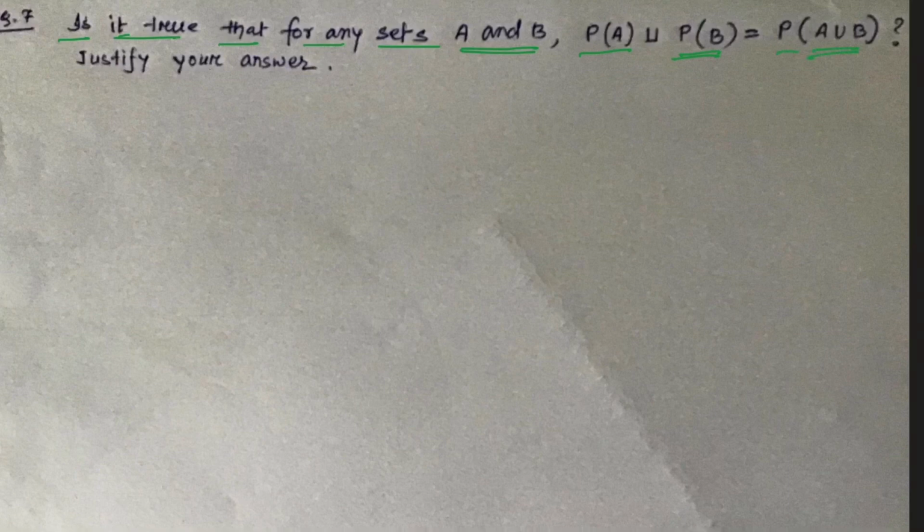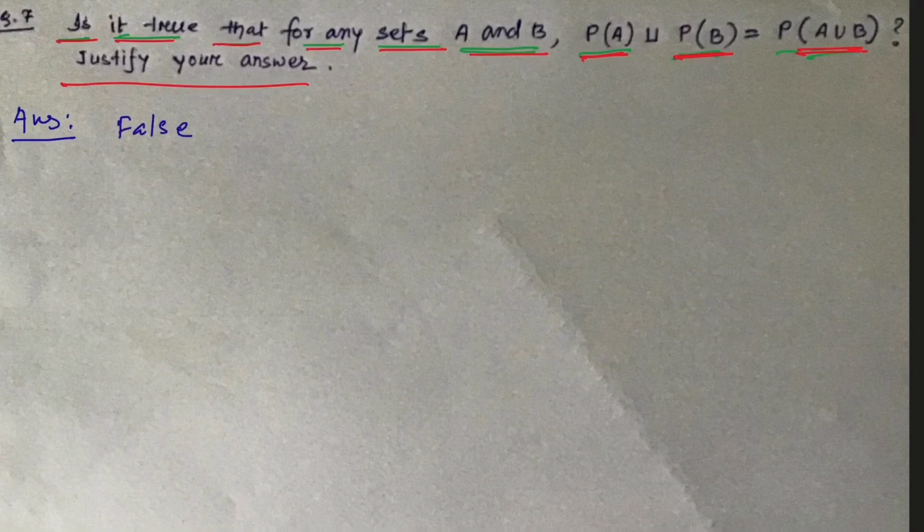We have to determine first whether it is true for any two sets A and B, and then we need to justify our answer. First of all, let me tell you, this is false. This is not true. So let me give the justification.